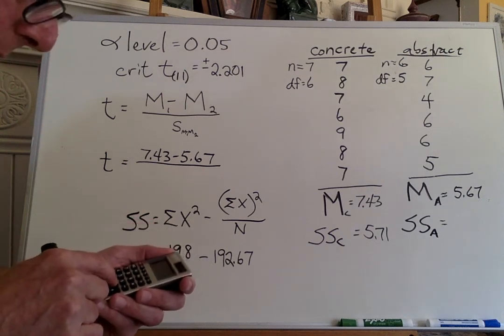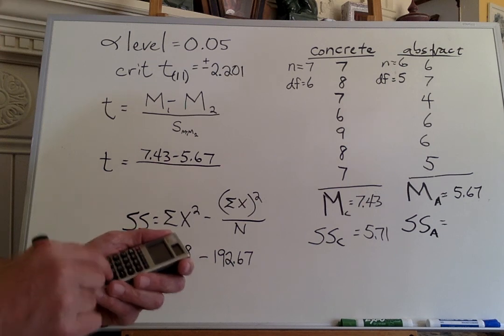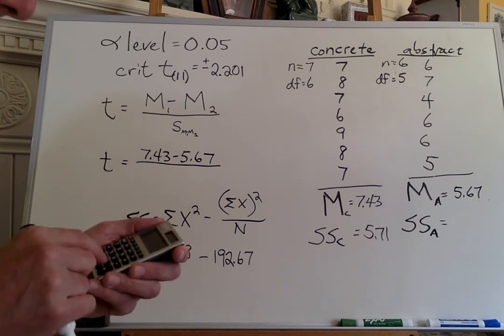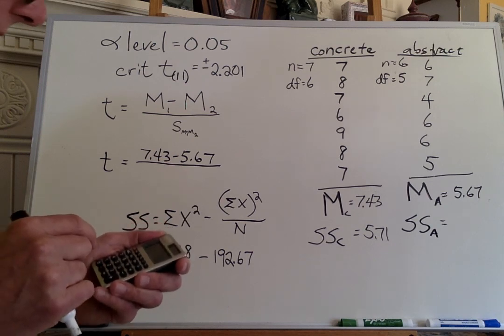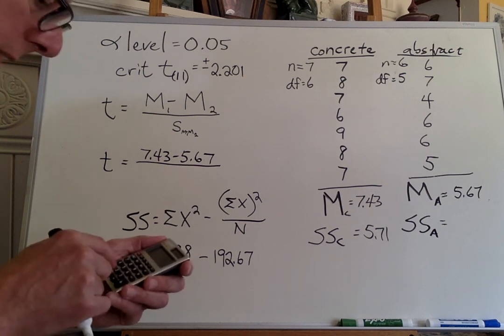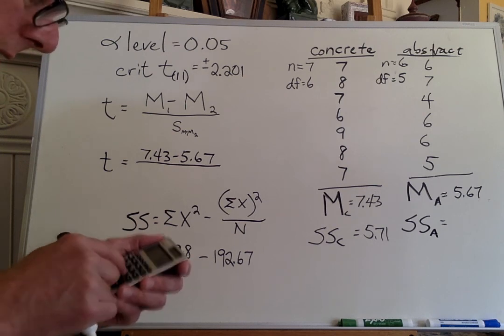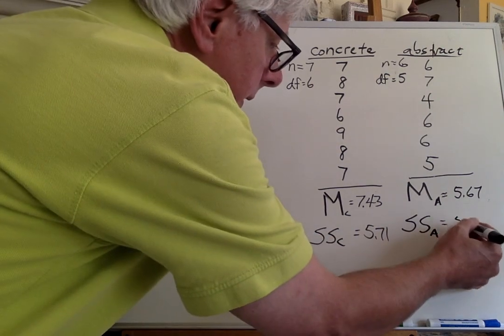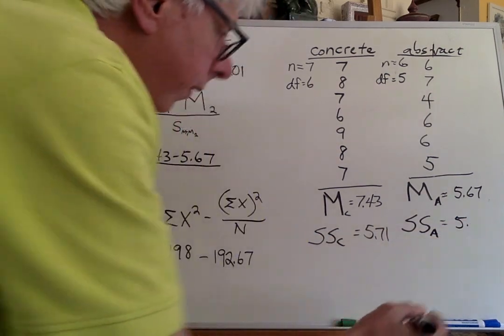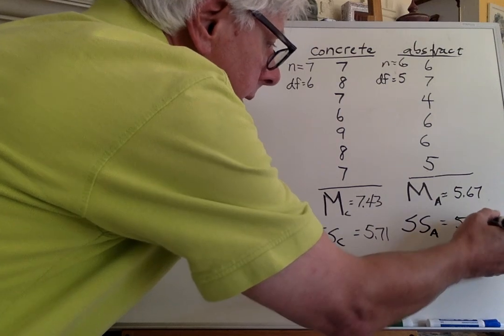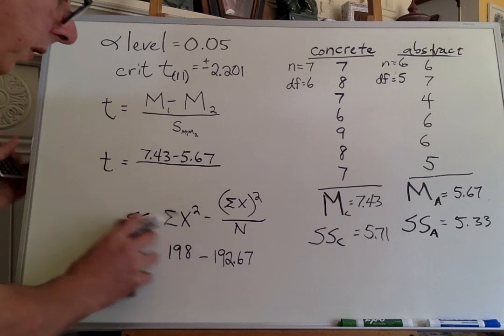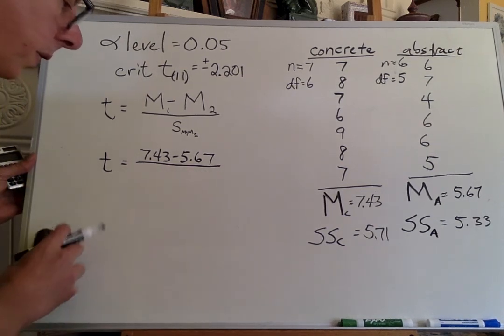Why wouldn't I? 36 plus 49 plus 16 plus 36 plus 36 plus 25, 198 minus 192.67 equals 5.33. Okay? So those are our sum of squares.